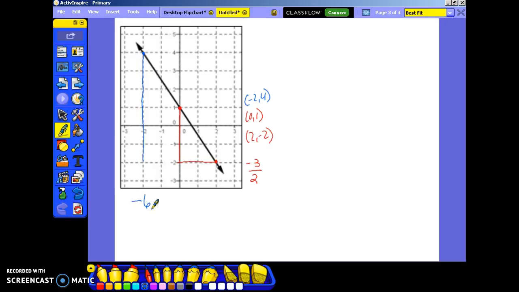And I'm going to the right 1, 2, 3, 4. 2 will go to both negative 6 and 4. Negative 6 divided by 2 is negative 3. 4 divided by 2 is 2. Negative 3 over 2 is what I got the first time. So this is my slope, negative 3 over 2.